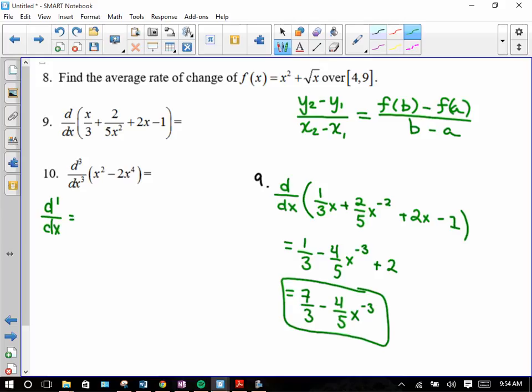So the first derivative is going to be equal to what here? 2x minus 8x to the third. Good. What would be the second derivative?